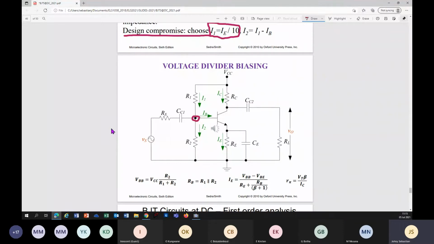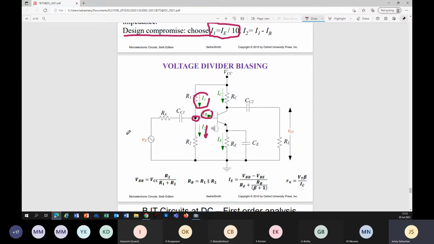One current is coming in, two currents are flowing out. That basically means I1 equals IB plus I2. Or basically, you can say that I1 minus IB is I2. So in this way, you can find current I2.